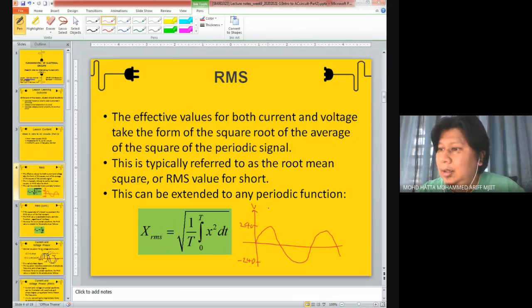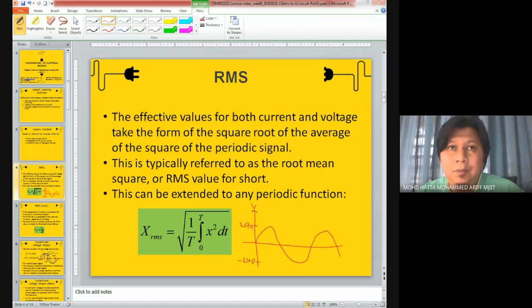And if you turn on the multimeter mode into voltage or voltmeter, and try to measure this kind of waveform, for example, if you go to your socket outlet, you know that your socket outlet should produce 240 volt. That is the Malaysia standard.